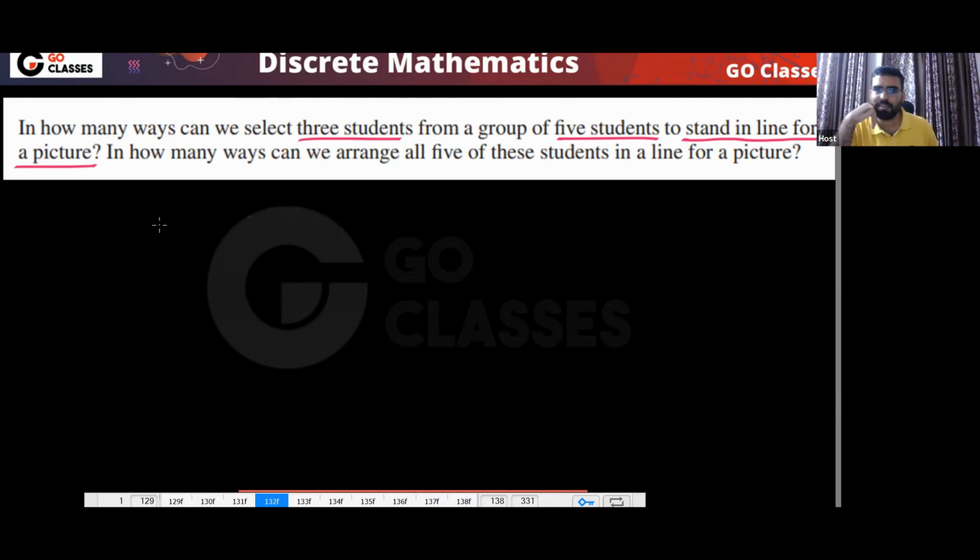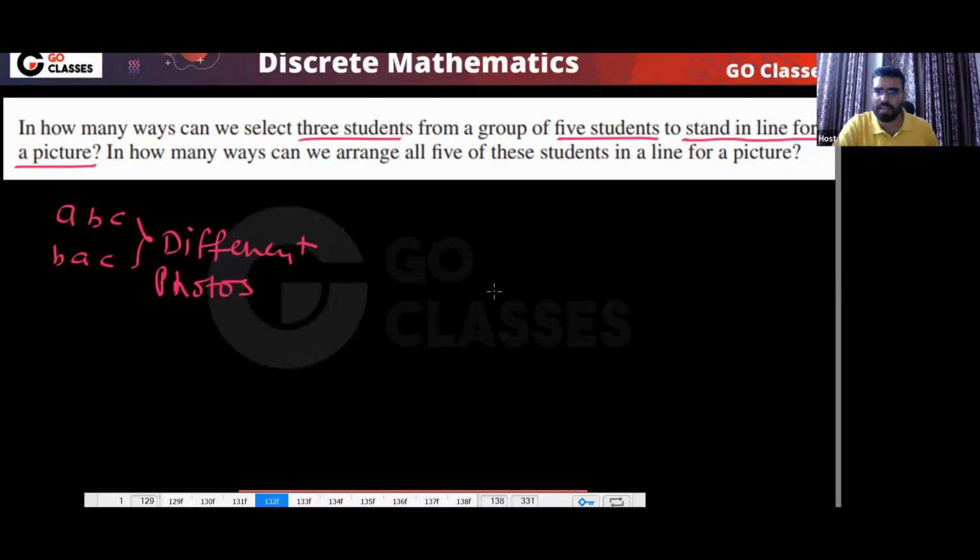Yes, here order will matter. For example, in one photo B is in the middle, in another photo A is in the middle. So they are different photos.